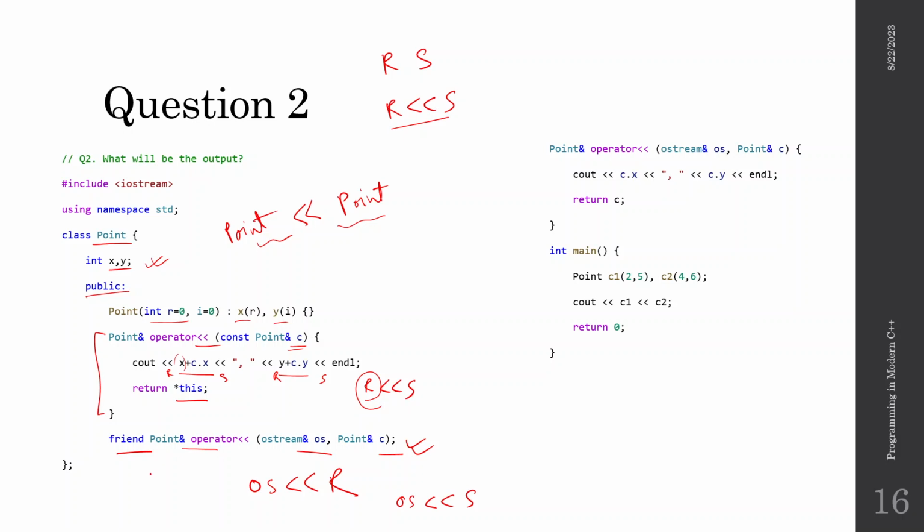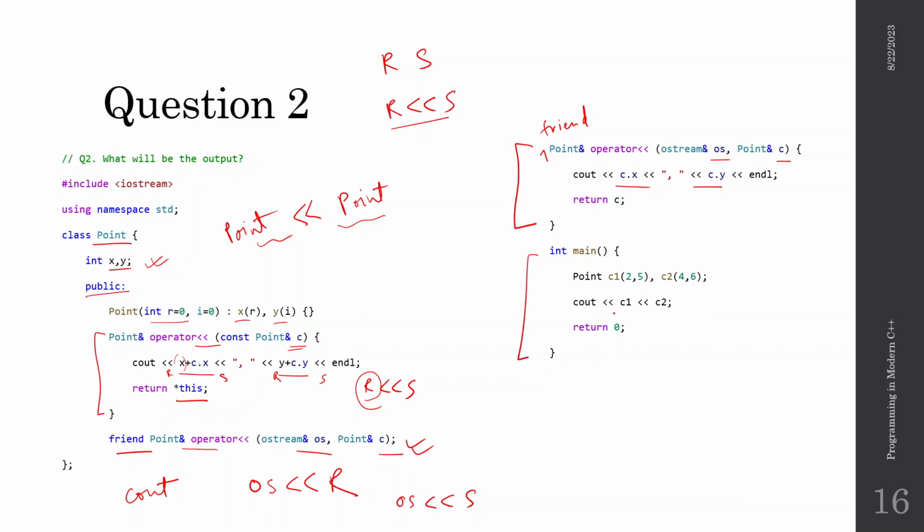The output stream could be a cout object. And here we are providing the implementation of this output stream. We have the output stream and the c class, and we are simply printing the values. I think I should have written the friend keyword here. The friend keyword would be there.